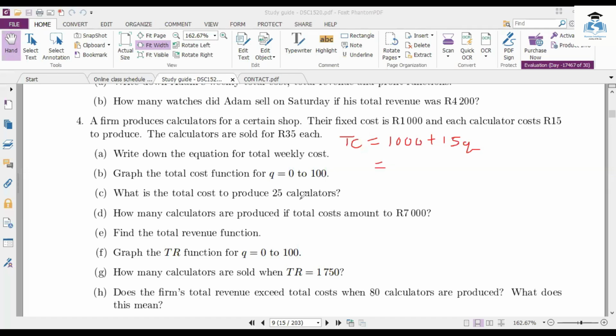To produce 25 calculators, 25 is represented by the quantity. So we are saying 1,000 plus 15 times 25.